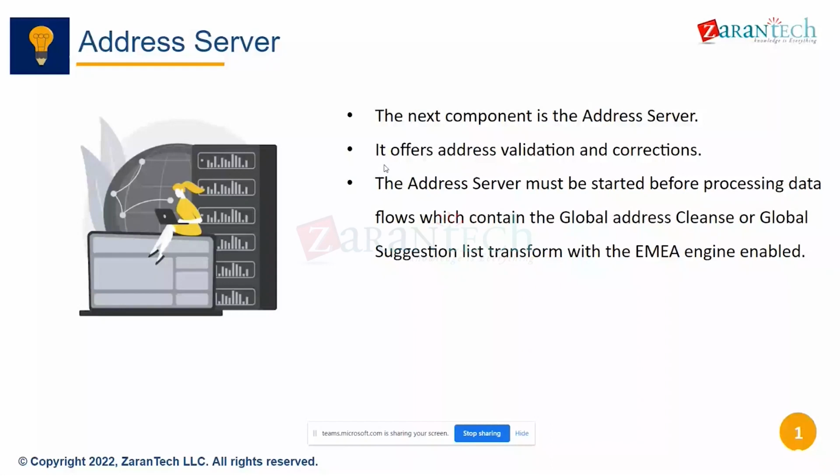Whenever we discuss the architecture of data services, this address server is nothing but, there is one transformation available in BODS, address cleansing or address decode or something like that. I could not remember the exact name now.